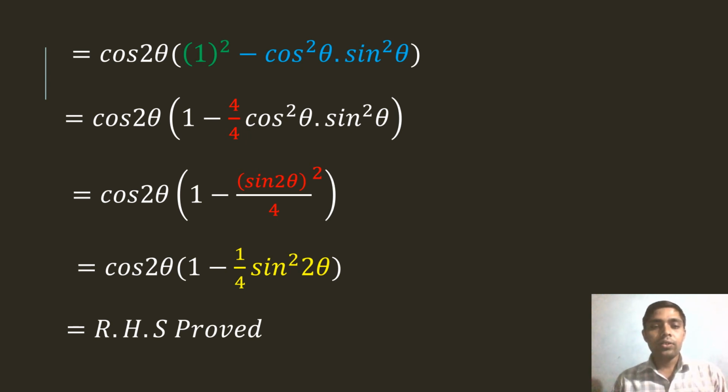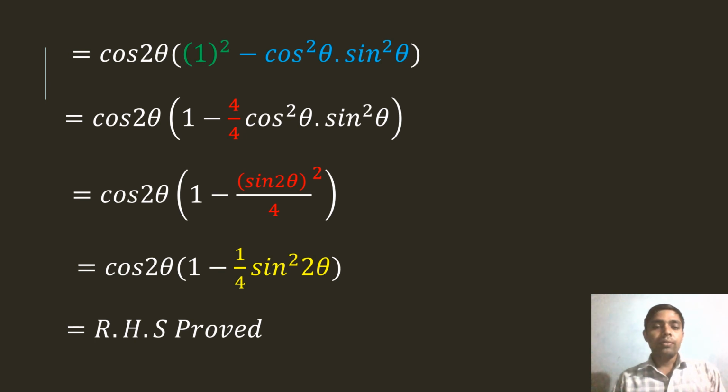So here we will get cos 2θ (1 − sin² 2θ/4). How does the whole square come? Because the formula 2 sin θ cos θ is sin 2θ, but here it is squared, so the whole square will be sin 2θ to the power 2.